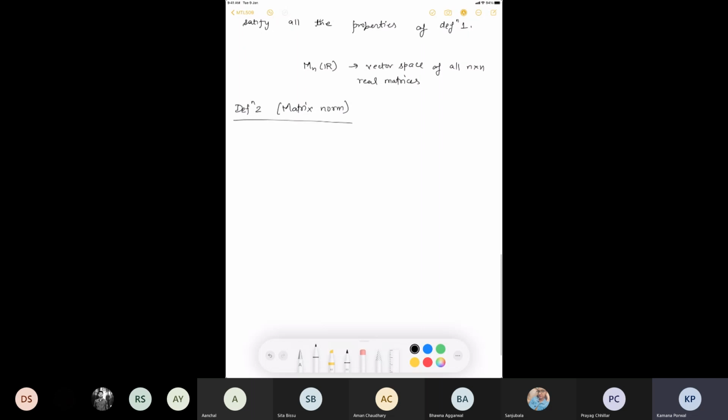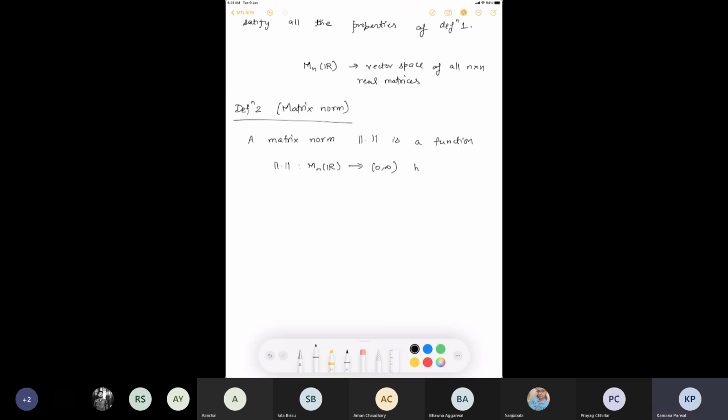Okay, now let's see how we understand the matrix norm. A matrix norm is again a function. It's denoted by these two parallel lines. Now this function has domain Mn(R), and the range is going to be the non-negative real numbers.